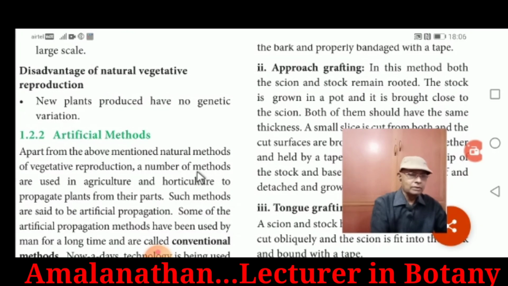Fourth one, crown grafting. Fifth one, wedge grafting. There are so many types followed in this method.